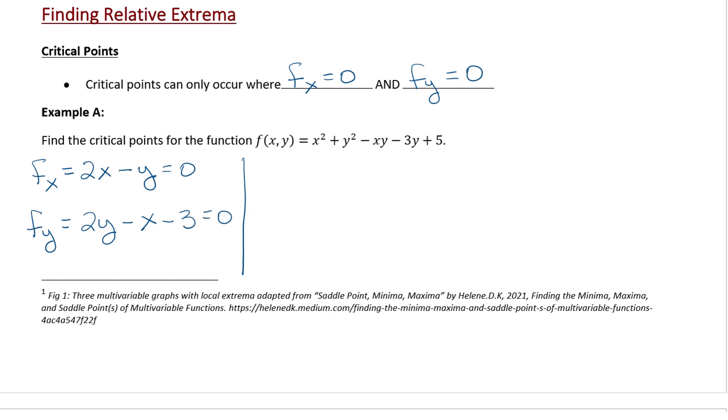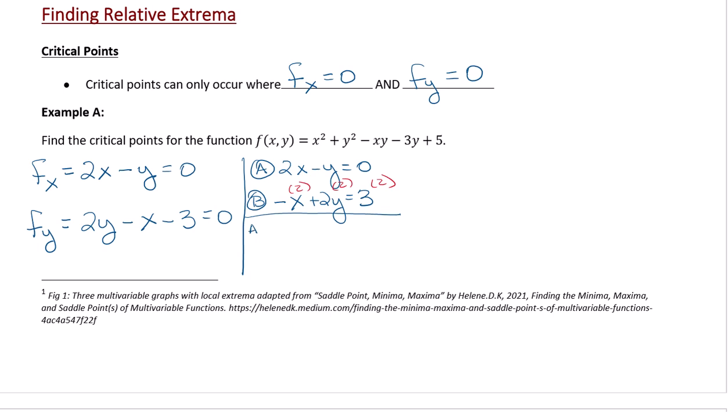So if we line these up, we'll call this equation A, 2x minus y equals 0. And equation B, we're going to put the x's in the front, so negative x plus 2y, and we're going to add the 3 to the other side. So everything's lined up. We can use our elimination method, maybe multiply everybody in equation B by 2.